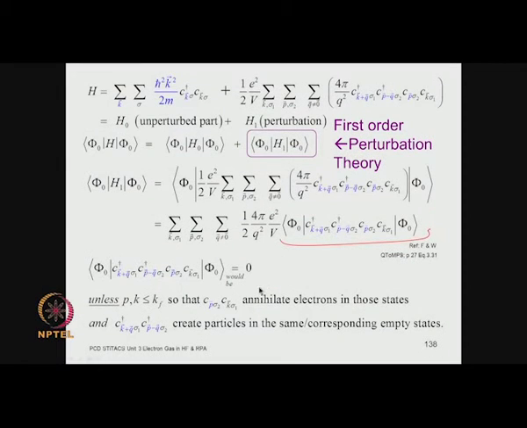These are Fermi-Dirac particles. So, this would be 0 unless p and k are below the Fermi level, and these two creation operators create particles in the very same empty states after the holes have been created, after the particles have been destroyed.